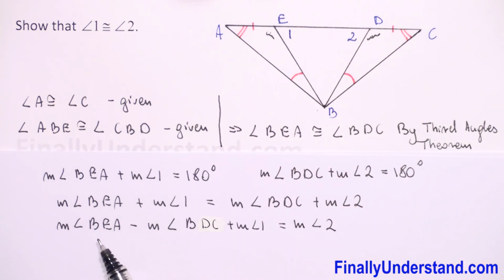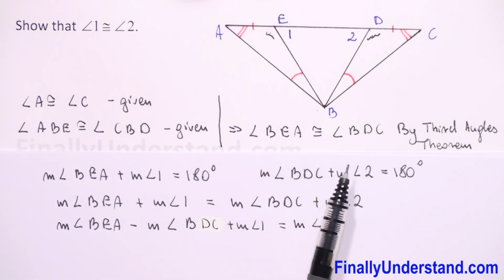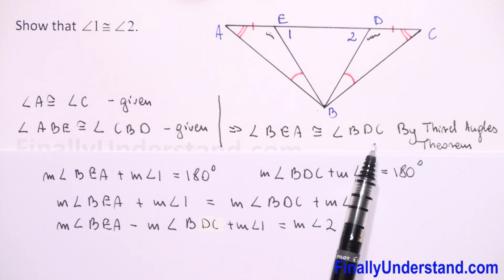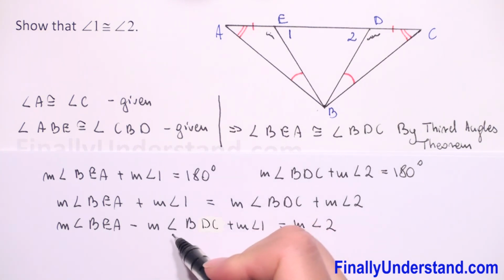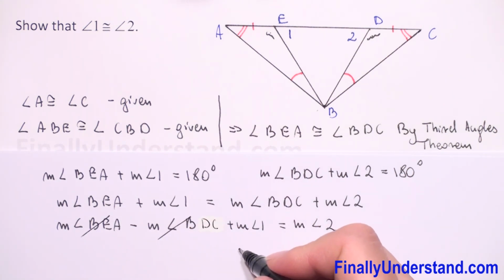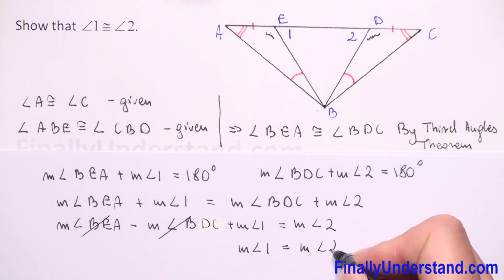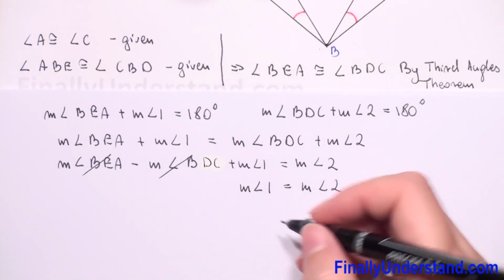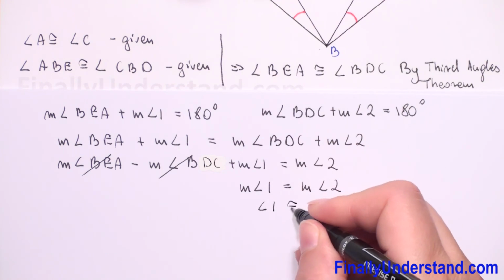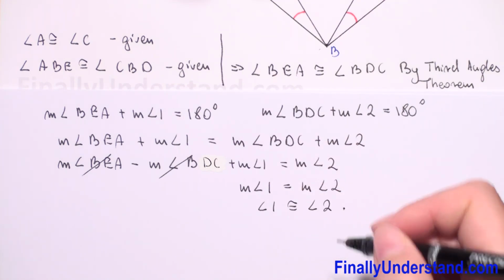Because measure of angle BEA is equal to measure of angle BDC, we can reduce this. And we have only that measure of angle 1 is equal to measure of angle 2. It means that angle 1 is congruent to angle 2. This is my solution.